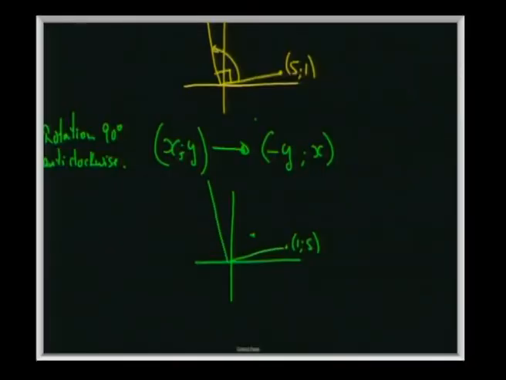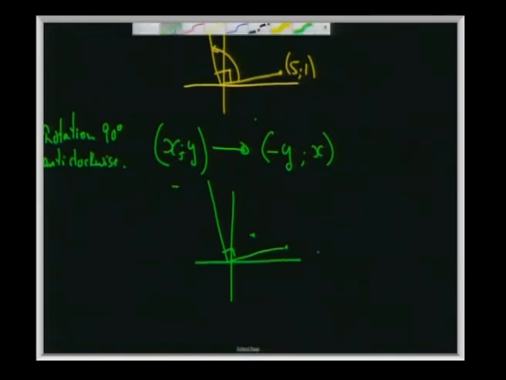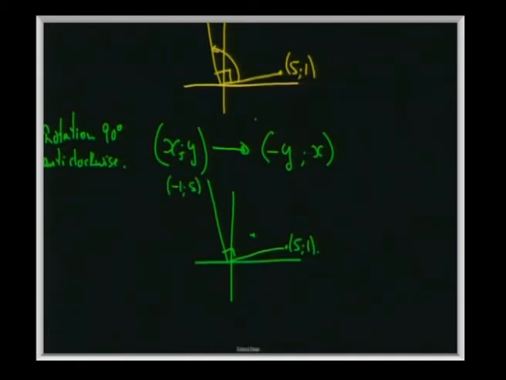Sorry, I made a mistake over here, and I'm sure that you are shouting at me through the TV screen. That is the point 5, 1. This would become minus 1, 5. If I was to send that on another 90-degree rotation, my point now would become minus 5, minus 1.